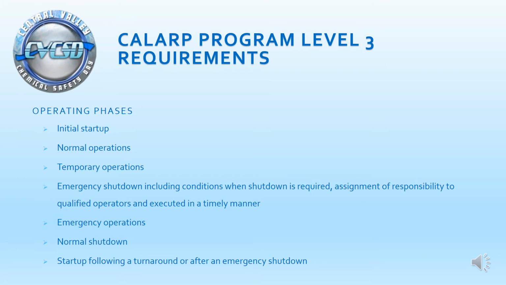These are referenced both in the regulation text as well as in IIAR 7. IIAR 7 does get to go into a little bit more detail in that they provide mostly all of these operating procedures for each type of equipment that you would find in a closed circuit ammonia refrigeration system.